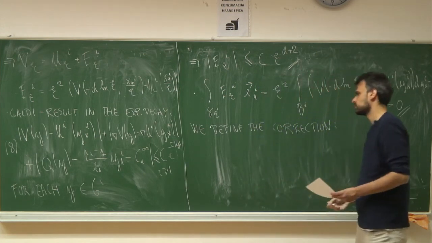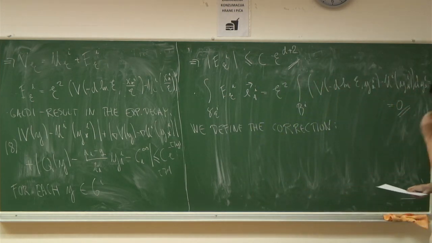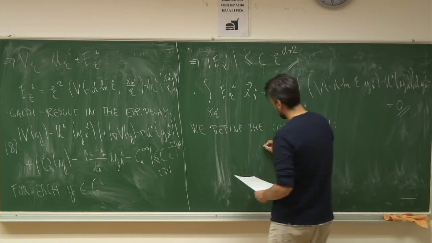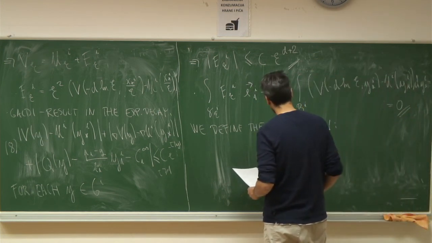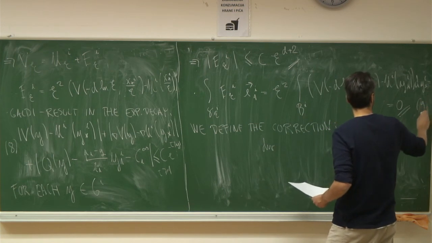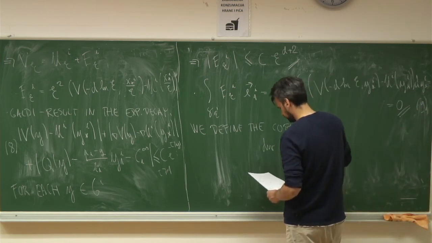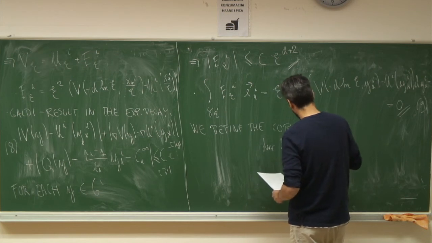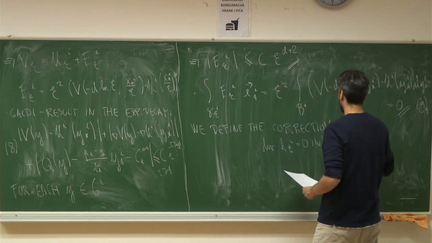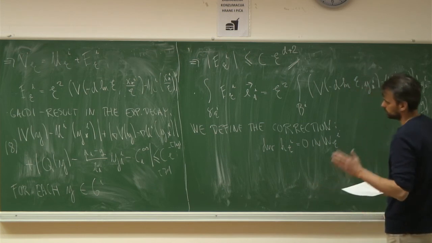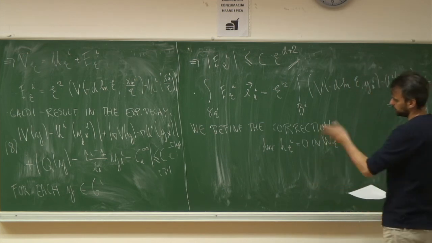It's a solution, not necessarily unique, of the divergence equation given in this form. So divergence of H epsilon I is 0 in V epsilon I, which is from minus D epsilon ln epsilon to the end of the pipe.